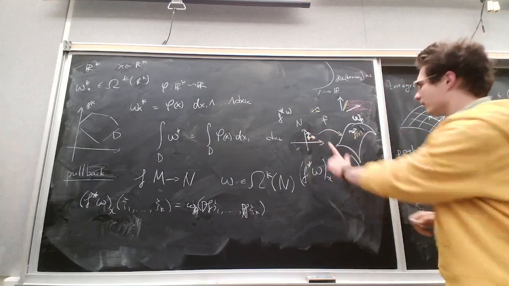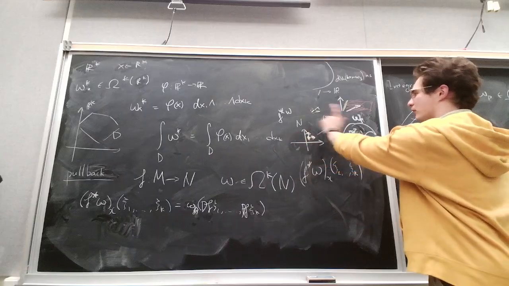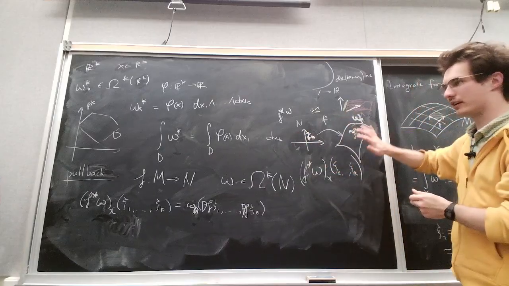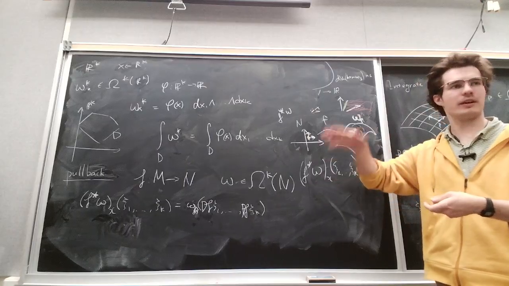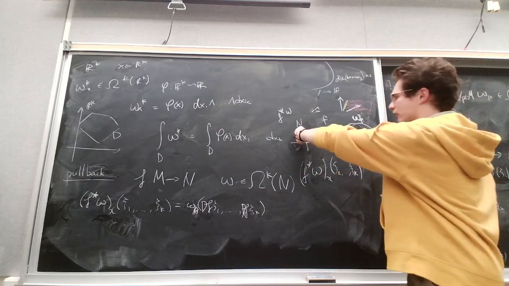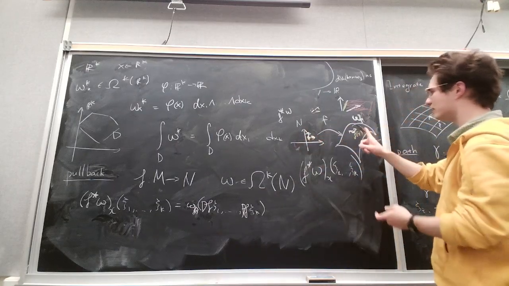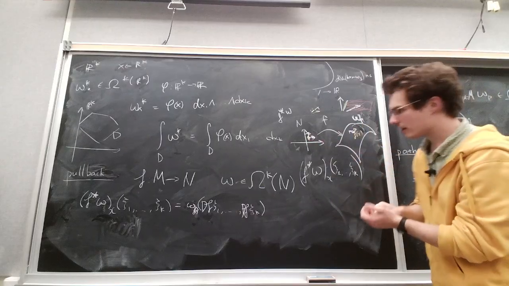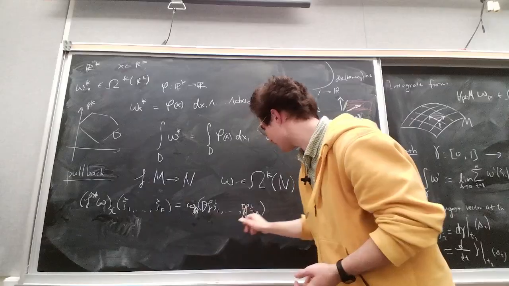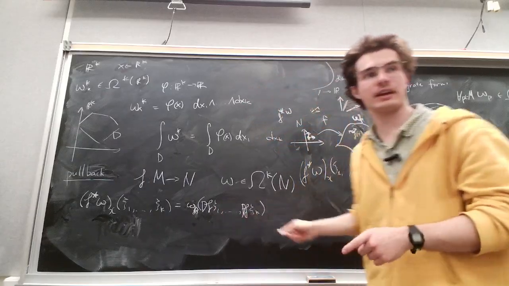How do these tangent vectors get mapped under f into tangent vectors here? Well, by the Jacobian. Remember, we talked about this at the very beginning. This vector by the Jacobian is going to be mapped to df of this one, so you have df psi 1 up to df psi k that you put into it.